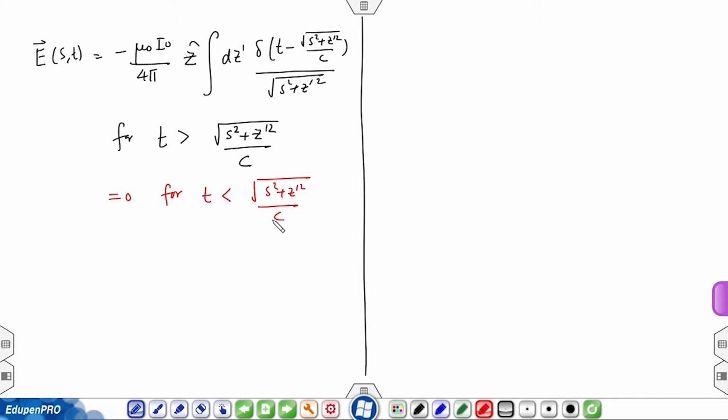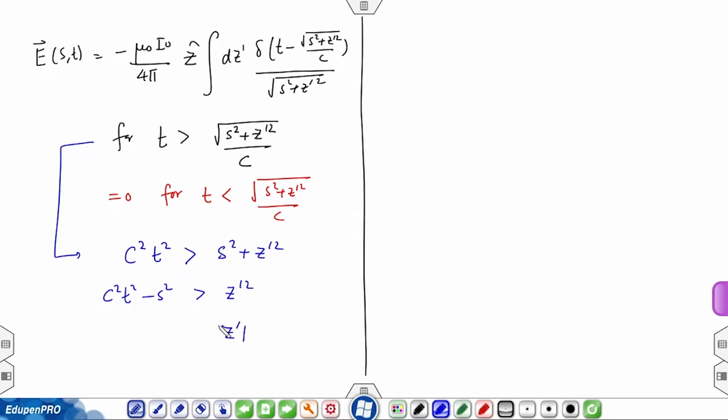What this means is that c square t square is greater than s square plus z prime square. C square t square minus s square is greater than z prime square, and therefore this integral will be non-zero only for mod z prime less than square root of c square t square minus s square.